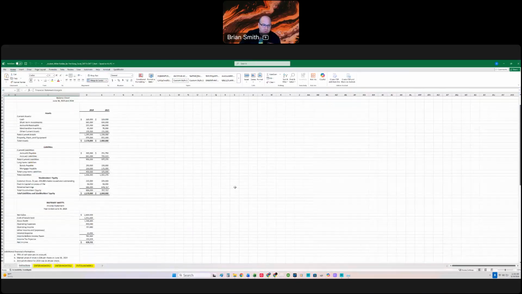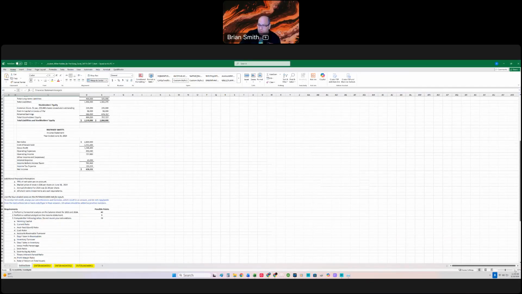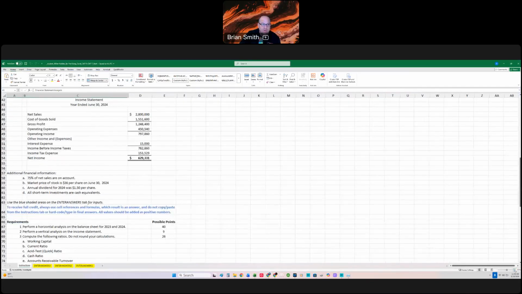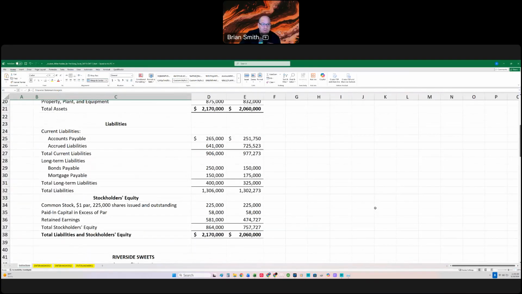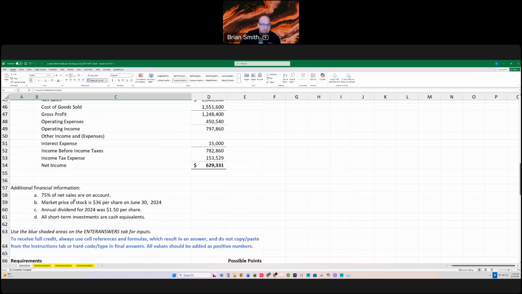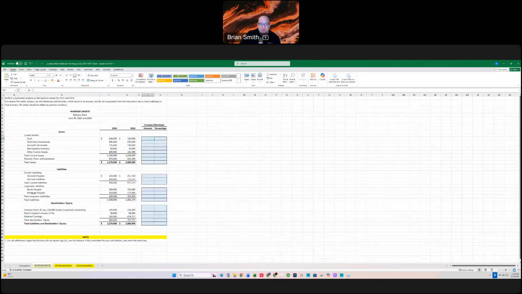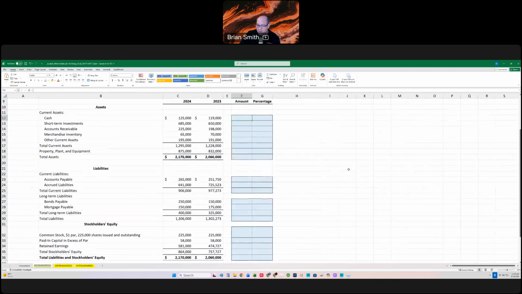Bottom line is we're just going to be doing some work here in the ratio world. I'm going to zoom in so that we can see these. Here's all this information. Here's some additional information that we're going to need. I would want to have your ratios on how to calculate them handy.